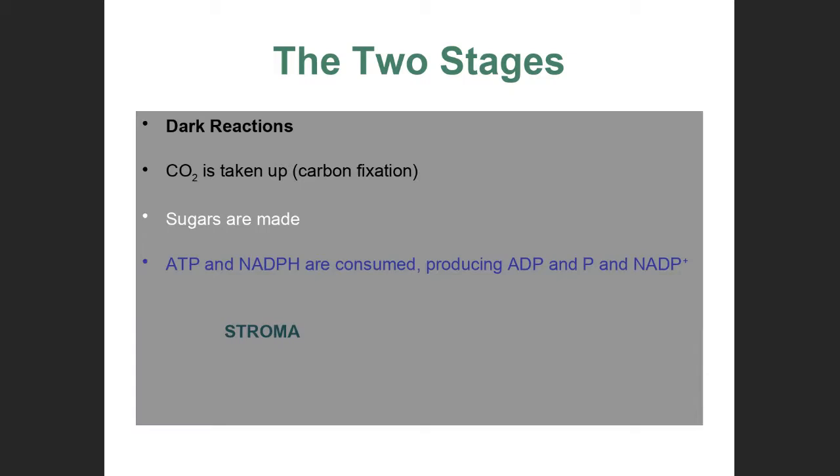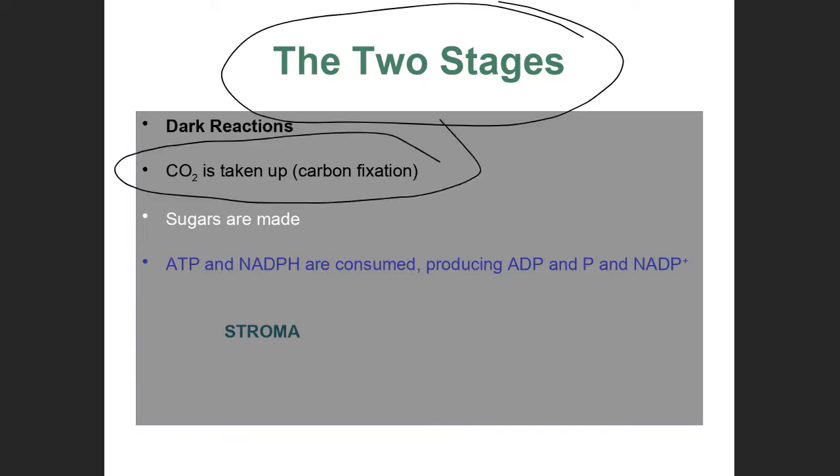During these dark reactions, the only objective is to fix atmospheric CO2 into sugar, because the only source for carbon is carbon dioxide. I will come back to this slide.